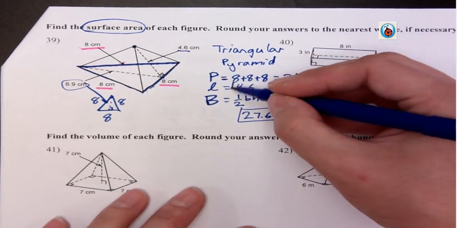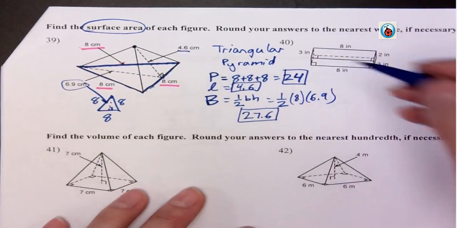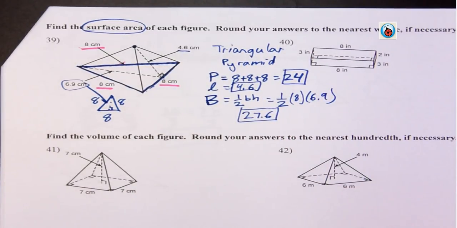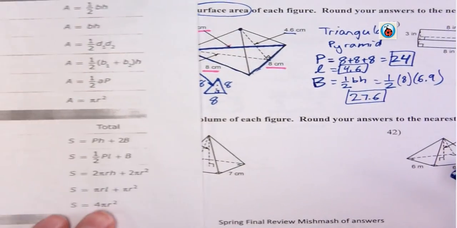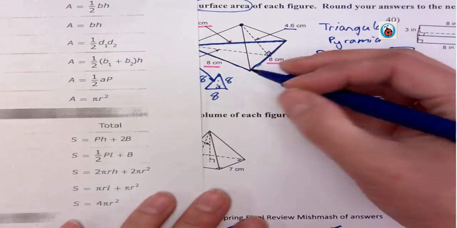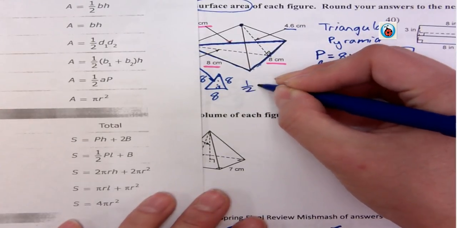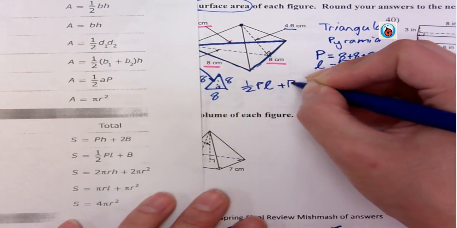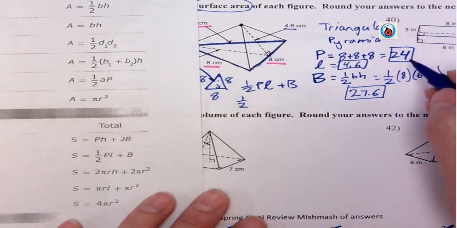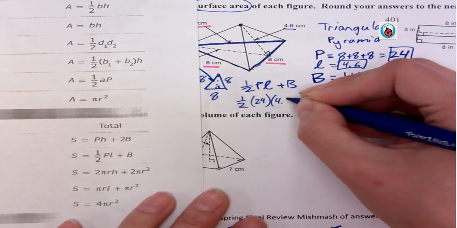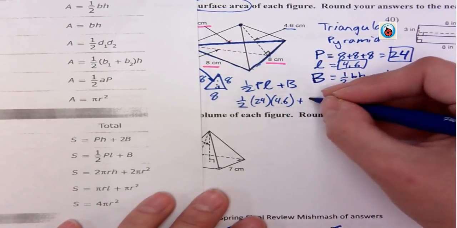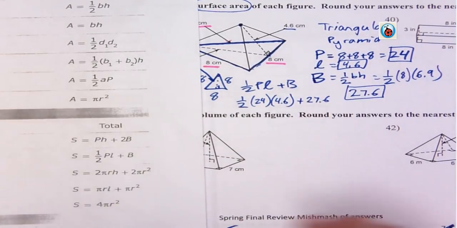Okay, so now I have my perimeter, I have my L, I have my base area. And so I plug it into this formula now of 1/2 perimeter times slant height plus the base. So 1/2 of my 24 times 4.6 plus 27.6.